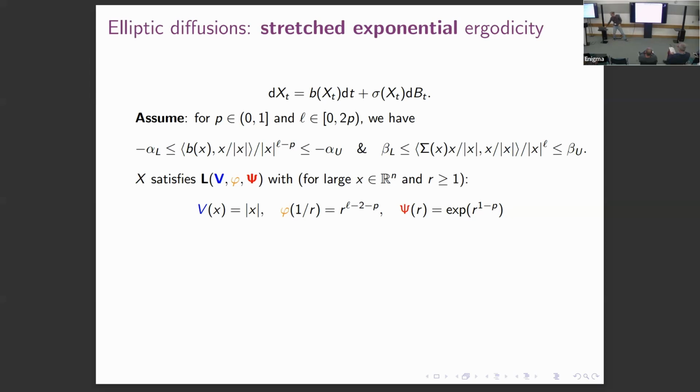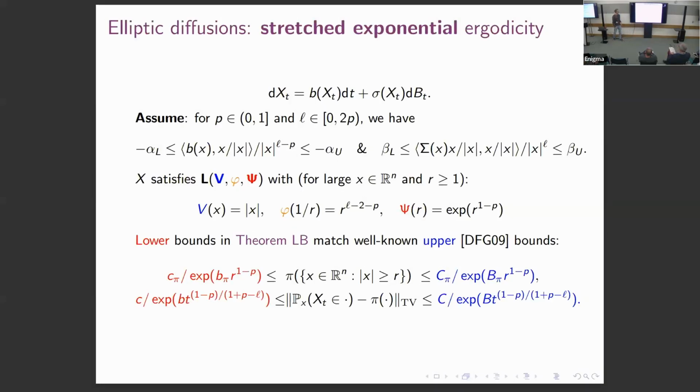And this gives us, again, asymptotically matching lower bounds to the upper bounds on the tail, and asymptotically matching lower bounds to the upper bounds on the rate of convergence.